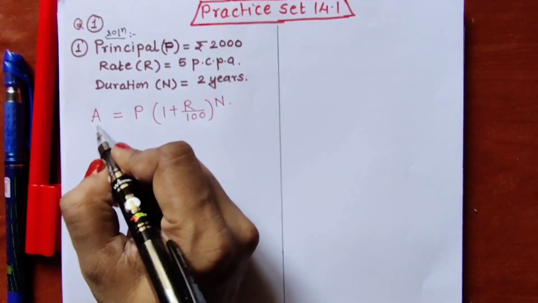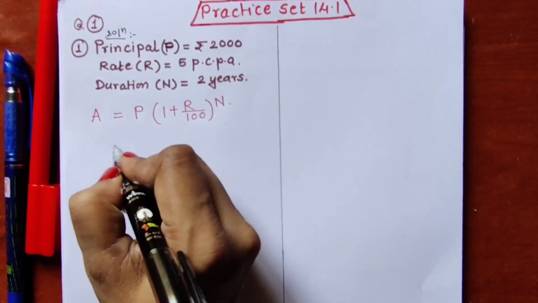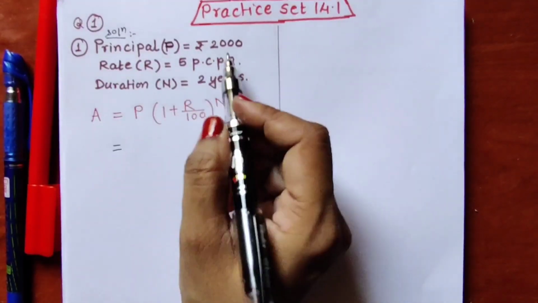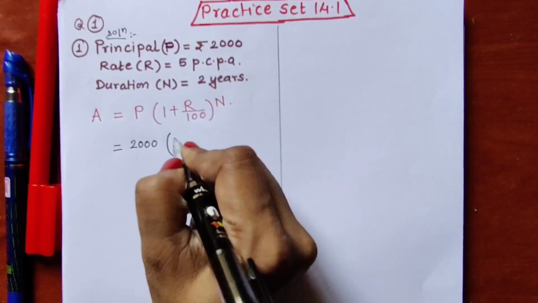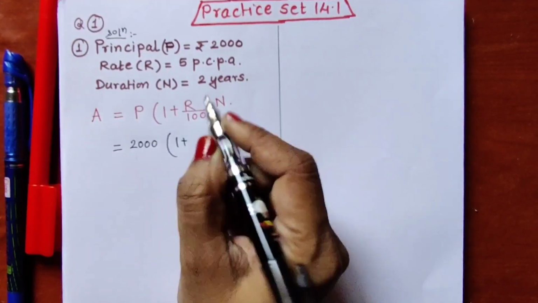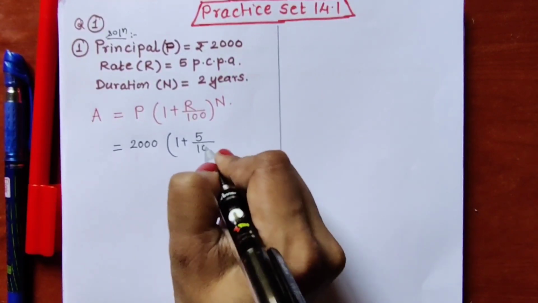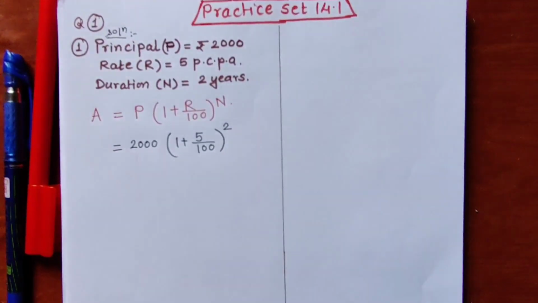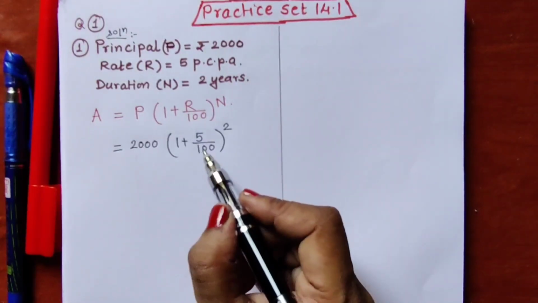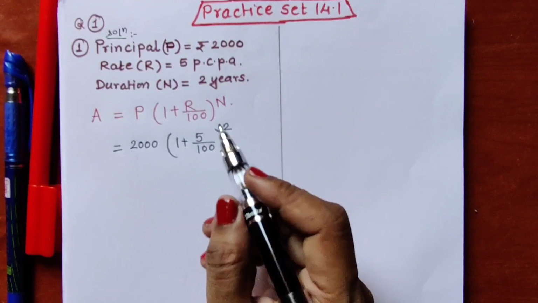A value we have to find out, so we cannot write anything on the left hand side. Below, we put the equal to sign. P value is 2000, so write 2000. 1 as it is from the formula. R value is 5 upon 100 as it is, and n value is 2 years, that means 2. Now what we have to do, first always solve the bracket. We all know we have to first always solve the bracket.